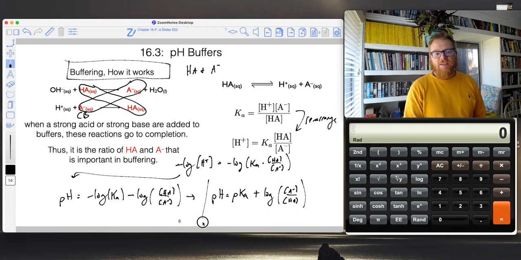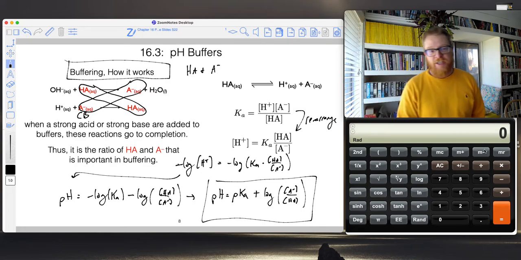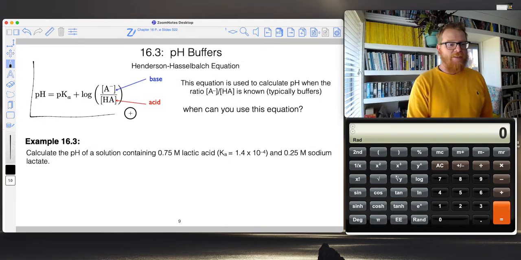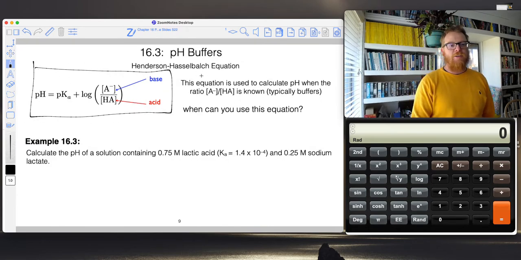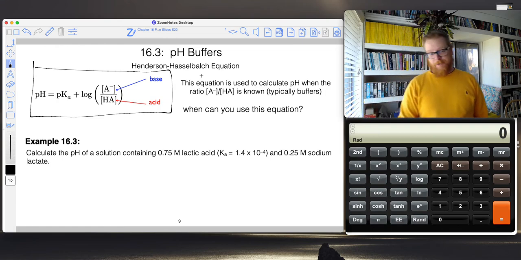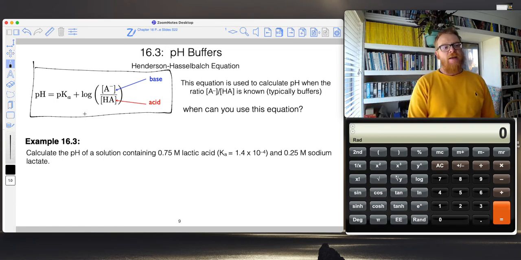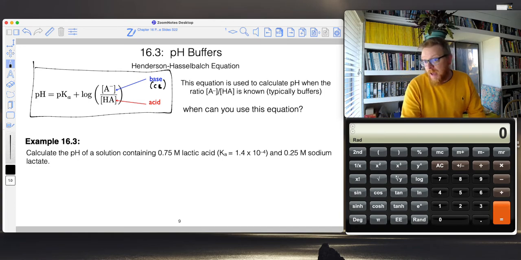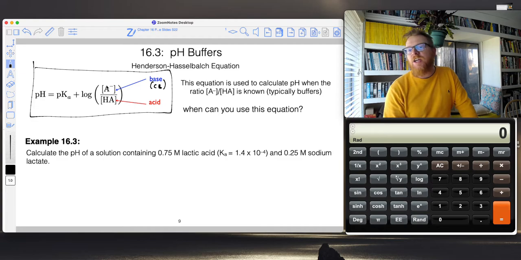To be honest, it doesn't really matter that we did that, but this is how this equation is used. This is a really famous equation called the Henderson-Hasselbalch equation: pH equals pKa plus log of base over acid. Specifically, that's the conjugate base, but if we were doing a base buffer, we could readjust this equation for that.